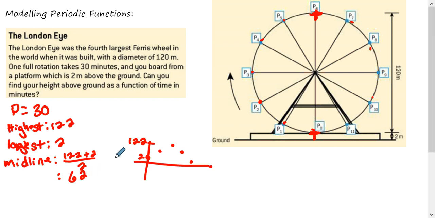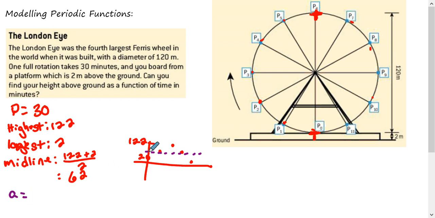And that tells me something specific in my equation. You can also see it on the graph: what's halfway in between these? Additionally, once you know where your midline is, that midline is really helpful because the distance from the midline to the max and from the midline to the min are the same. Therefore, you know your amplitude, your A value.